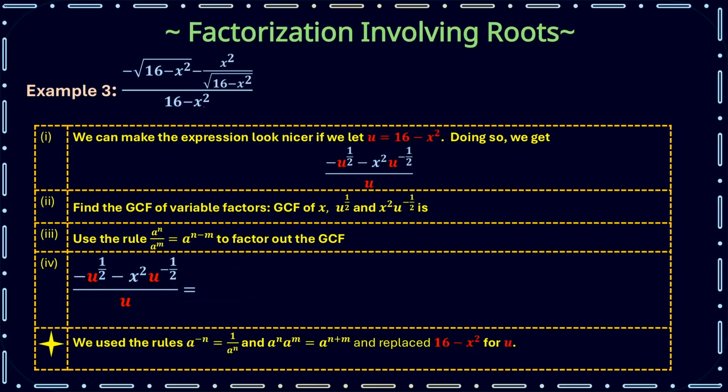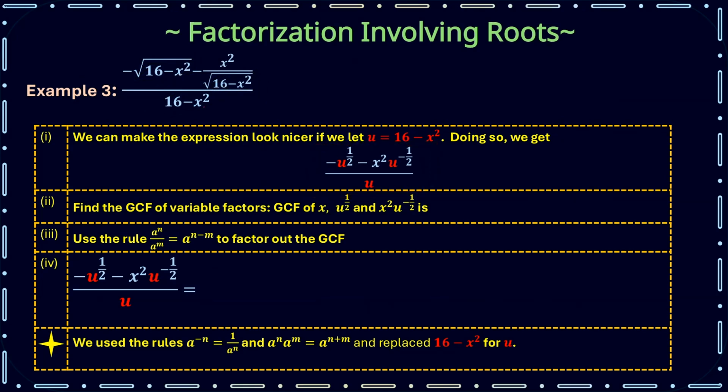This looks a little bit scary, but here we have obviously roots, particularly square root of 16 minus x squared. To make this problem less intimidating, I have decided to replace 16 minus x squared with u. And look at the rewritten expression.